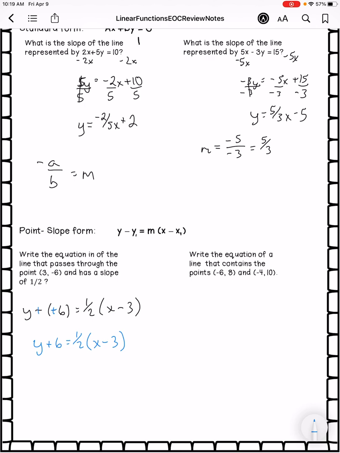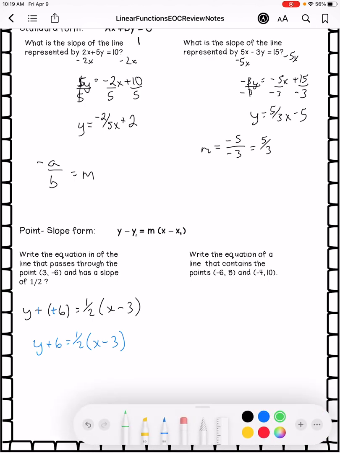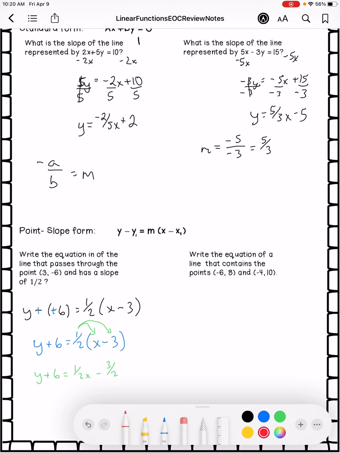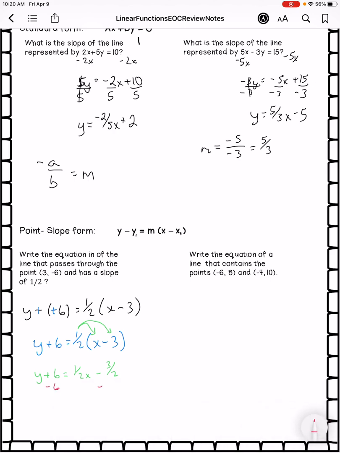And if I needed to change it to slope-intercept form, I would distribute first, and then I would move the 6. So y plus 6 equals 1/2 x minus 3/2. All right, and then I would move the 6, so I would subtract 6 on both sides.